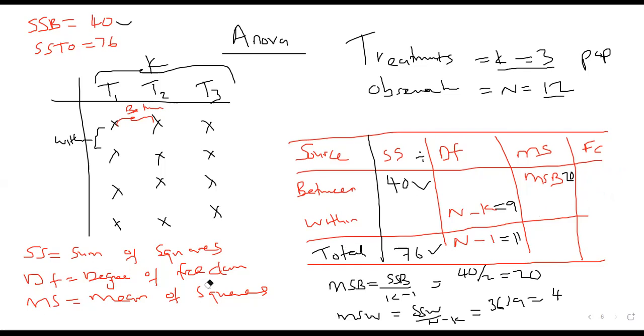So let's move the reverse way. How do we get the answer here? The difference, right? 36, correct? Then how do we get the blank here?